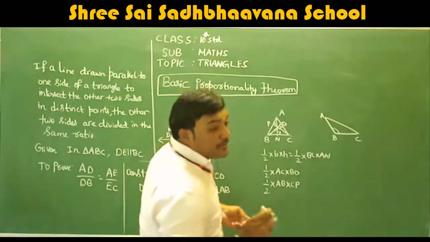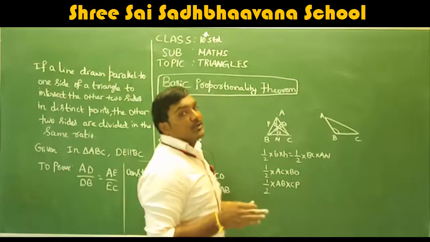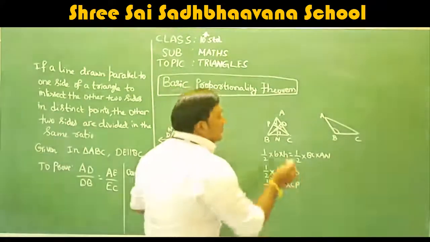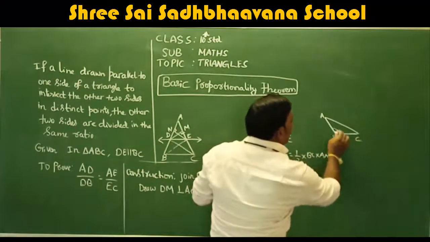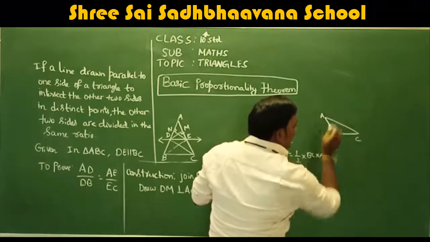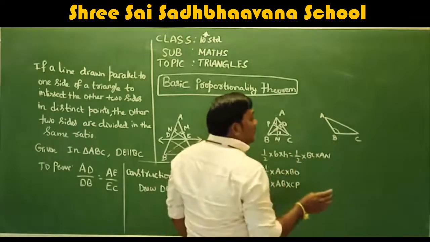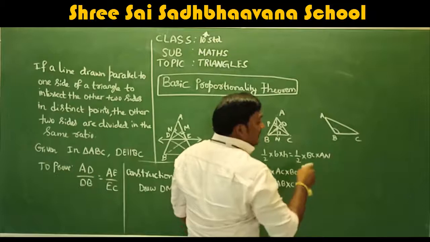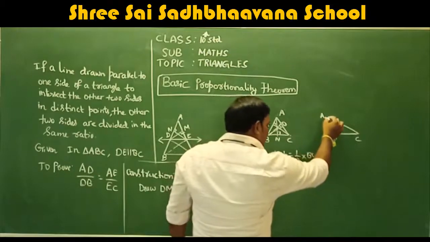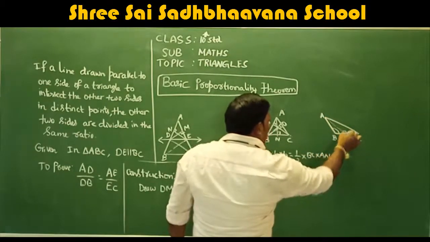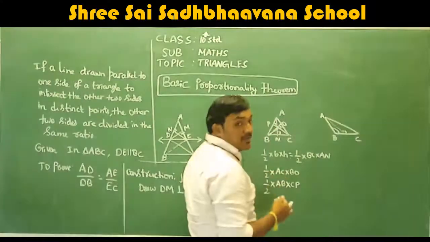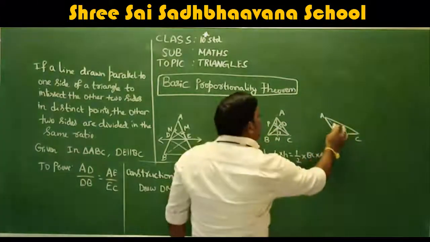The perpendicular should always be drawn from the opposite vertex of the base. What is the opposite vertex of BC? A. I should draw the perpendicular from A. Can I draw like this? If I draw like this, it will not make 90 degrees, so that cannot be considered a perpendicular.